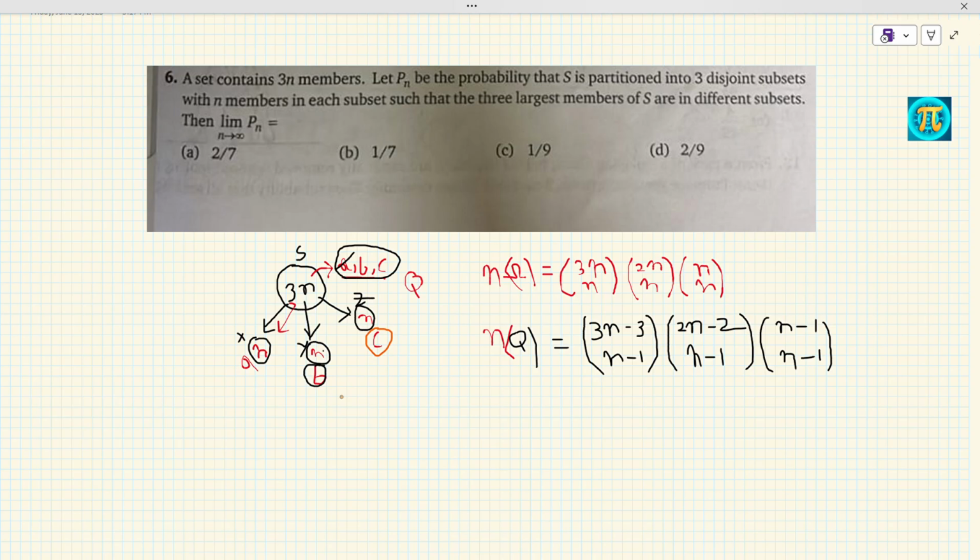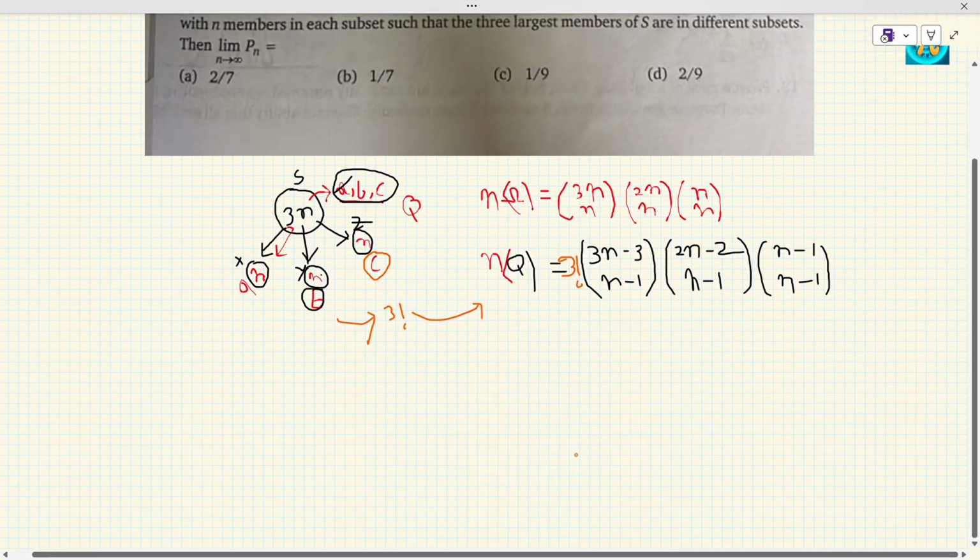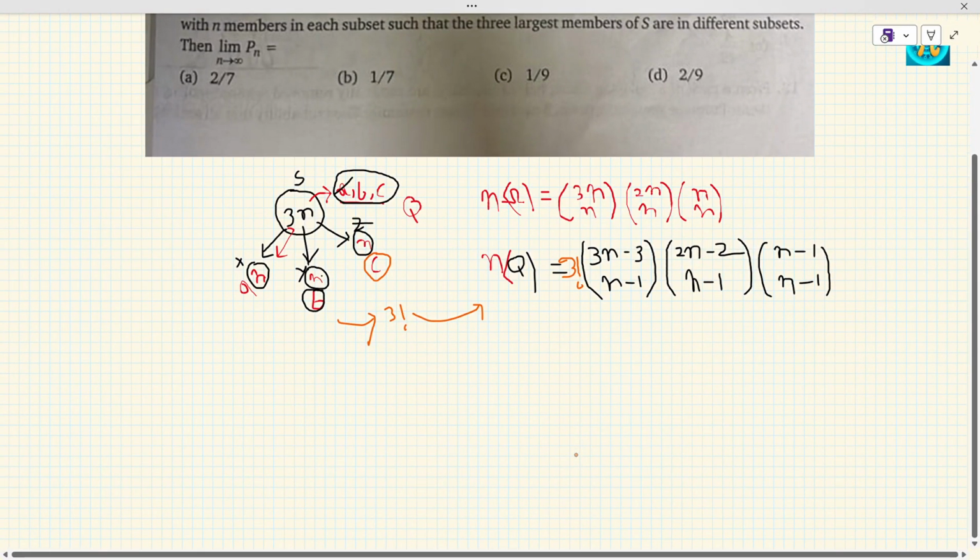So it is 3 factorial ways in which we can arrange A, B and C. So we have to multiply it here, because in each of the combinations, the number of ways it can be arranged is 3 factorial. So here we get the n of q, that is the number of elements in the set q. Now we have gotten it, I guess.